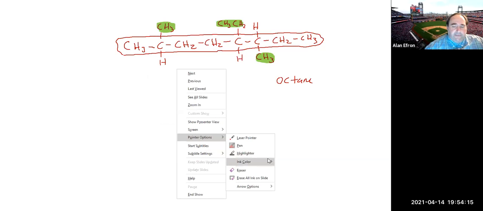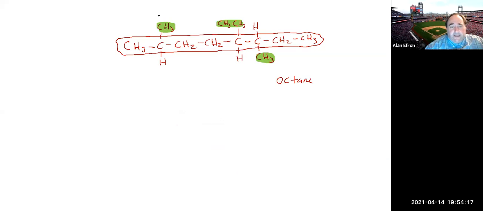They will be named just like our first 10, but with the YL at the end. So that is going to be a methyl group there. That is going to be a methyl group there. And this 2 carbon group here is based off of ethane, and that would be an ethyl group. Any questions on those identifications?